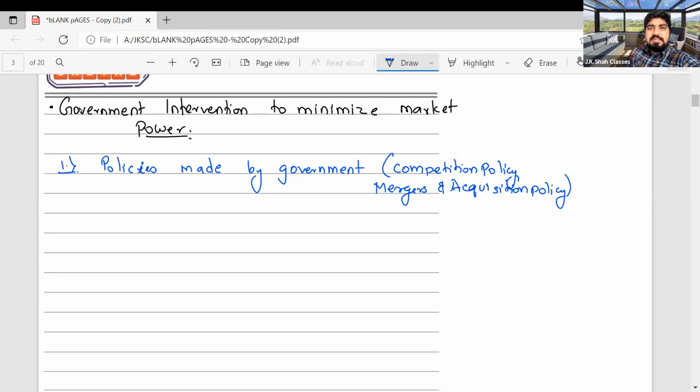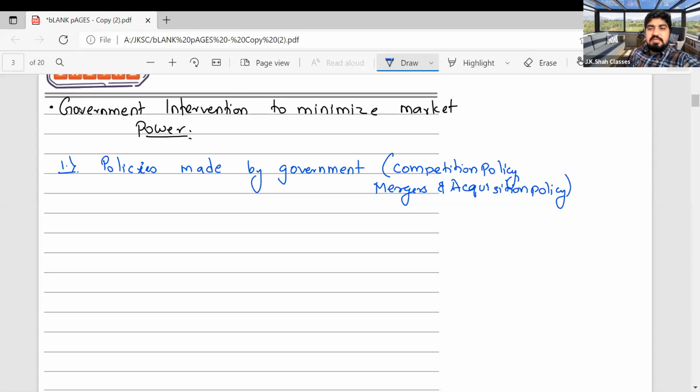Under mergers and acquisition policy. Imagine if Flipkart and Amazon think of merging. Zomato and Swiggy think of merging. If they go on merging, friends, don't you think they will be creating monopoly? Then they will start exploiting the consumer, right?